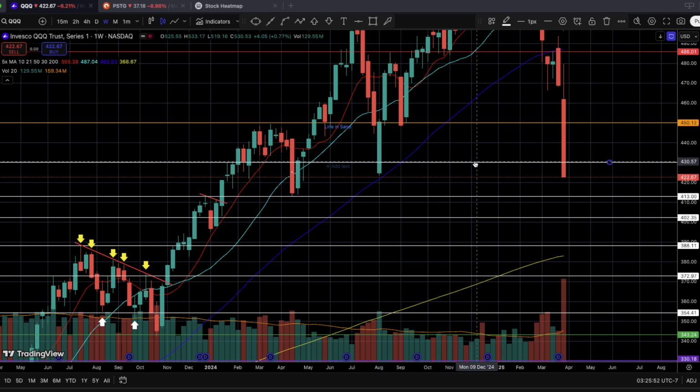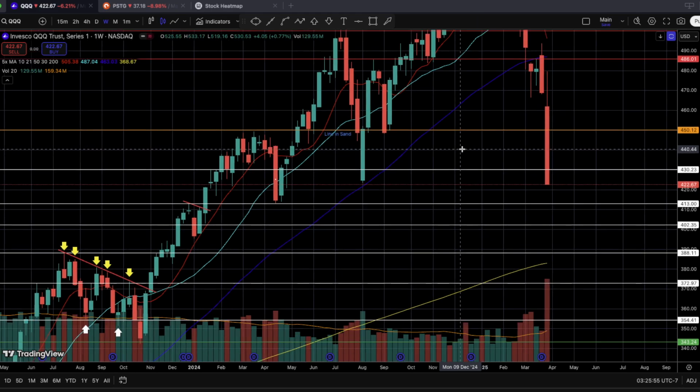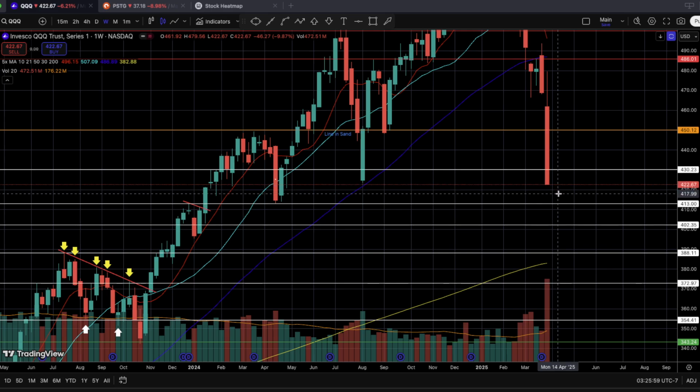And this could provide us with at least a relief rally if we see a larger sell-off again earlier this week, maybe tomorrow morning, and possibly set us up for a very nice quick bounce back to 430, or maybe even higher, maybe to 440, who knows?